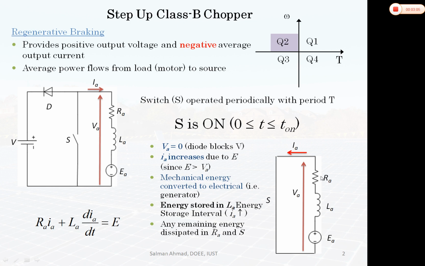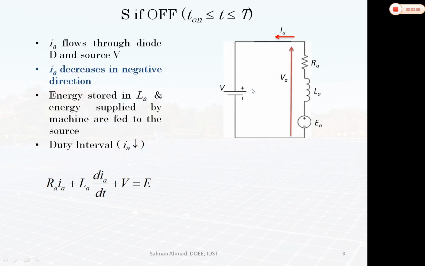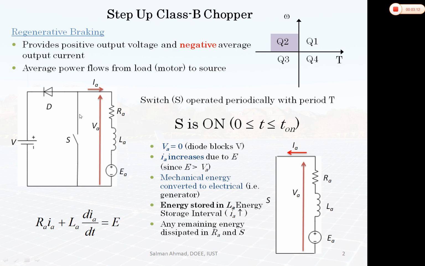Any remaining energy will dissipate in the resistance. The governing equation we can write like this: the drop in the resistance plus the drop in the inductor will be equal to the back EMF, because this voltage is 0.